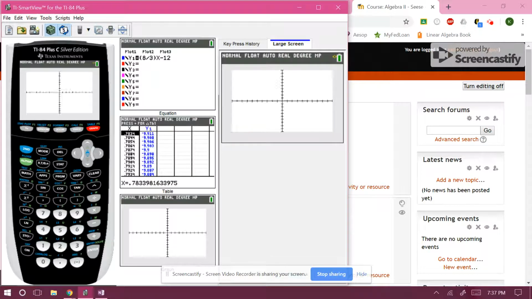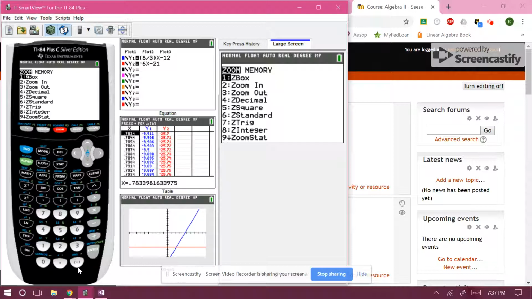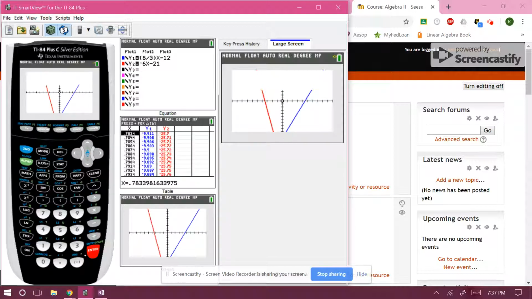If I look at the graph of this, I can't see the intersection right now, so I need to adjust my window. I'm going to zoom out so I can see their point of intersection.